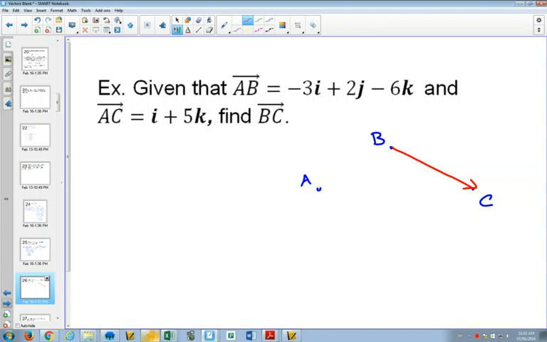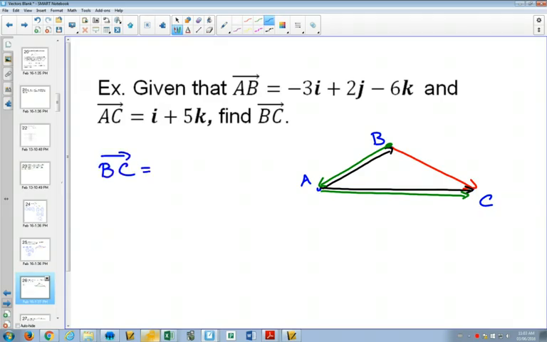And what we're given is A to B, and we're given A to C. But if we want to go from B to C, using the black lines, because those are what we're given, you would have to start at B and go this way first, and then this way. Does it make sense that B to C is like going from B to A and then going from A to C?